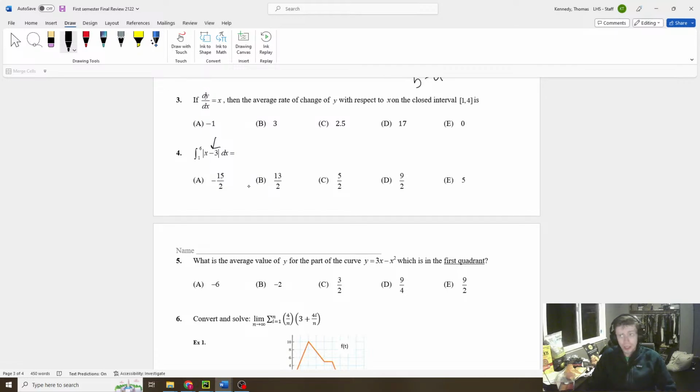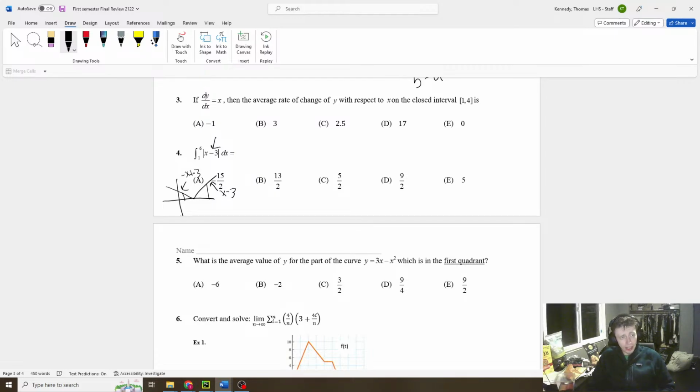But what we can integrate is, if I were to draw this absolute value graph, it's right at 3. And so from 1 to 3, we're this shape, and from 3 to 6, we're this shape. And so this part of the graph has the equation x minus 3, and this part of the graph has the equation negative x plus 3.